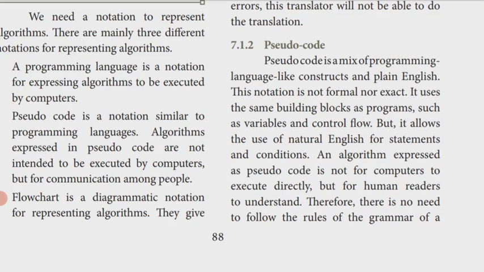For example, if you want to add two numbers, you can write the pseudo code as: get two inputs, add two numbers, write output, like that you can mention. This is called pseudo code, that is, in simple steps you explain the process.